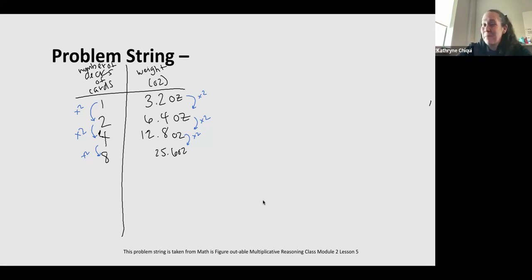You guys would be correct if I am going to continue to do this idea, but it is not what I'm giving you now. What about if I have 10 decks of cards? 10 decks of cards, how much is that going to weigh?